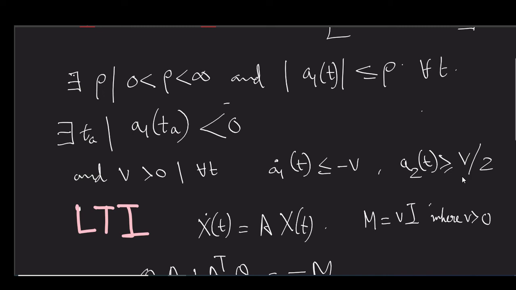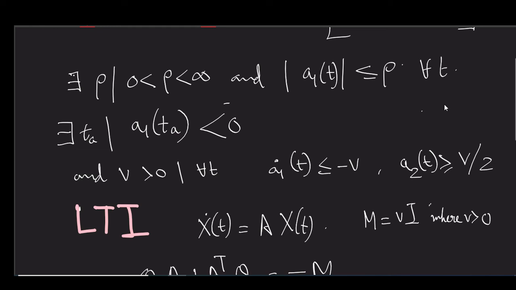So that gives us what? That, and a is a positive constant. There exists a positive constant v such that we have a1 dot(t) equal to minus v. Let us also consider a2(t) greater than or equal to v by 2.